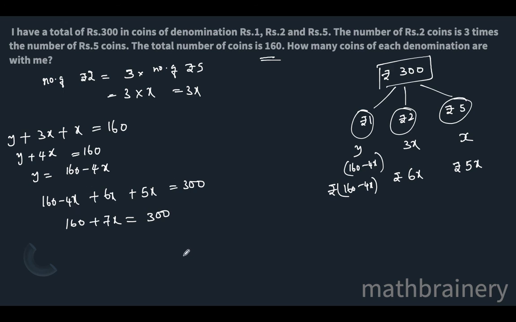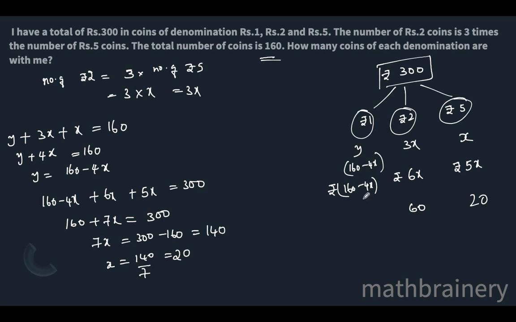Let's transpose 160 to the other side. You get 7x is equal to 300 minus 160, which must be 140. 7x is equal to 140. So x must be 140 upon 7, which is 20. So when x is 20, then 3x must be 3 into 20, which is 60.